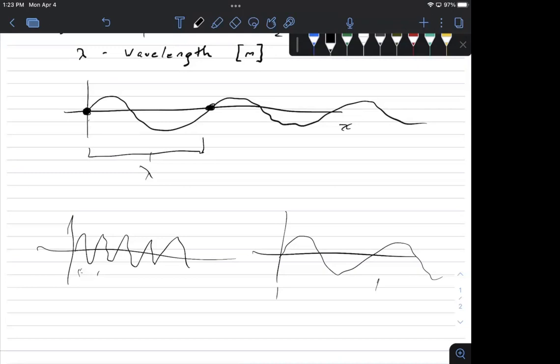And so we see frequency and wavelength are related to each other. The higher your frequency, the lower your wavelength. And vice versa. If you have a very small frequency, so there's only 2 oscillations per second, then the wave can move a bigger distance before it makes another oscillation. And so a small frequency means a very long wavelength.